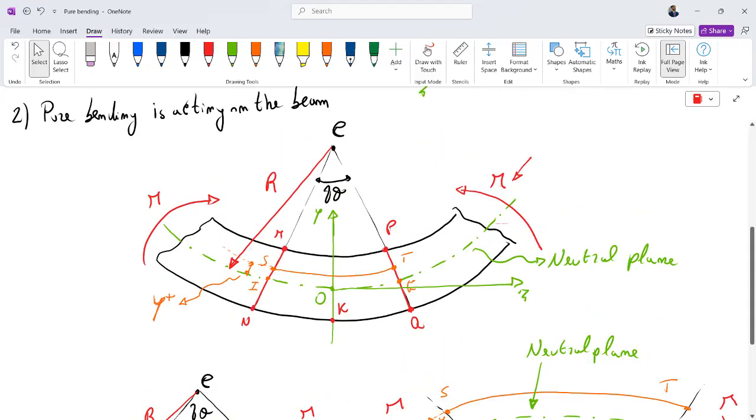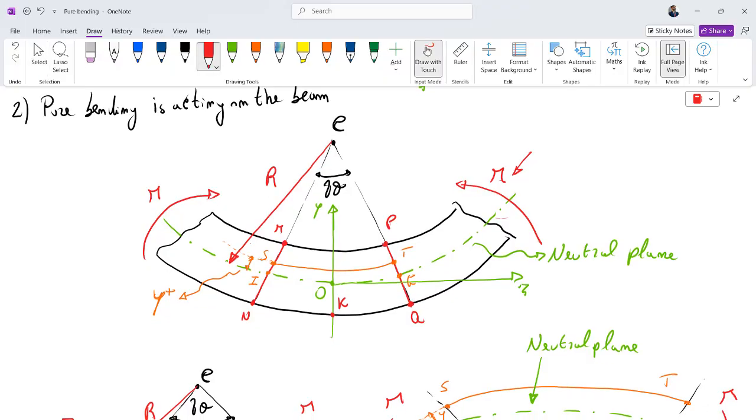In this case, we have a moment that produces a compression of the upper fiber. All these are upper fiber, all these are the bottom fiber. These upper fiber are compressed due to the bending acting on the beam, and the bottom fiber are in tension.